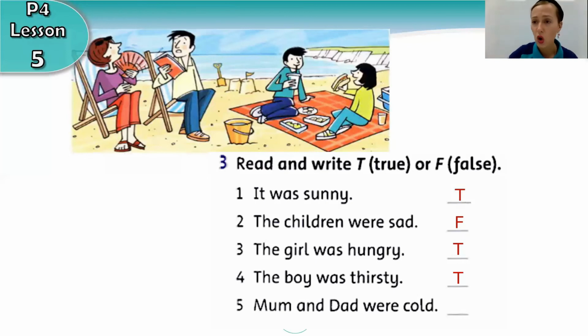Is he cold? Is Mom cold? True or false? False. When I look at this picture, I see they are hot. Okay, good job, P4.